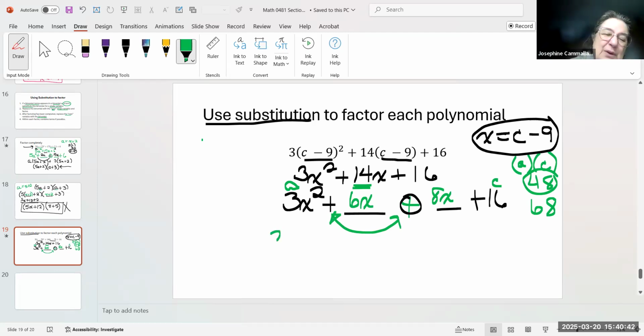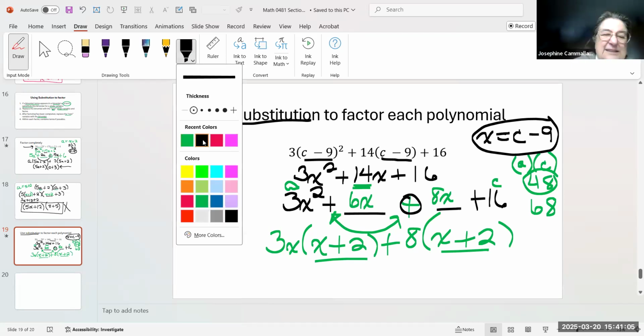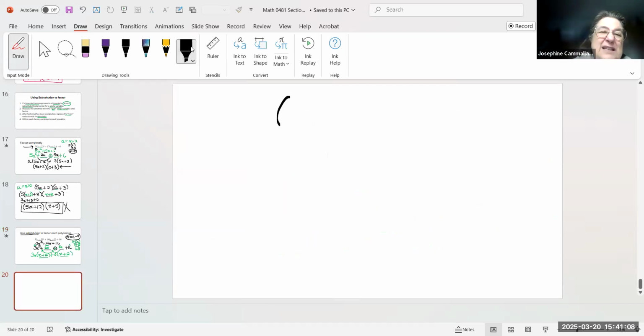Well, now this is 3x, and this is x plus 2, plus 8x plus 2. Remember, these 2 blanks have got to be the same. Now, I'm going to go to the next slide. Okay. And I'm going to write x plus 2, and I have 3x plus 8.